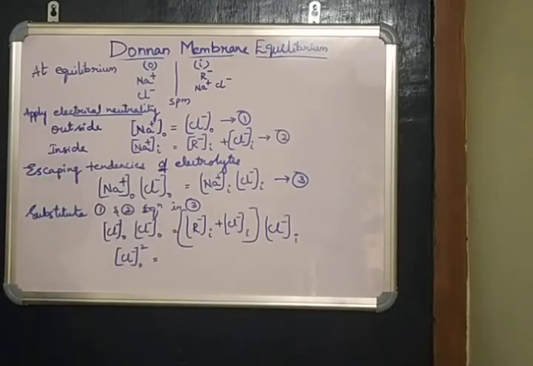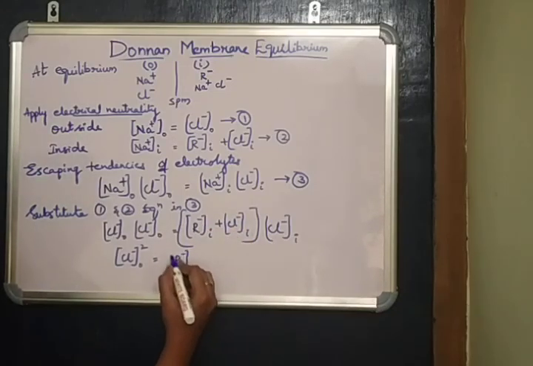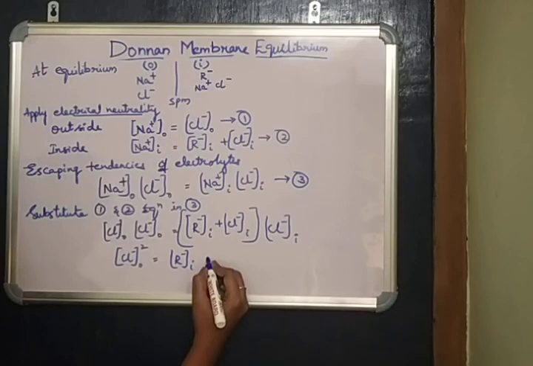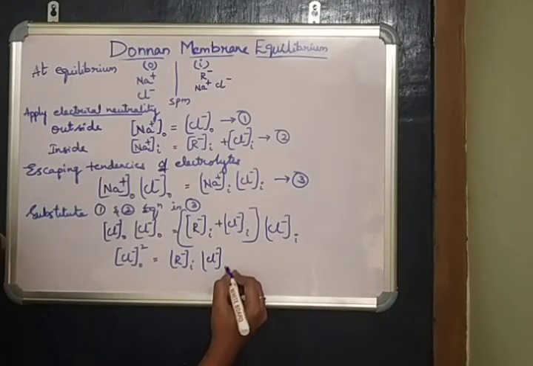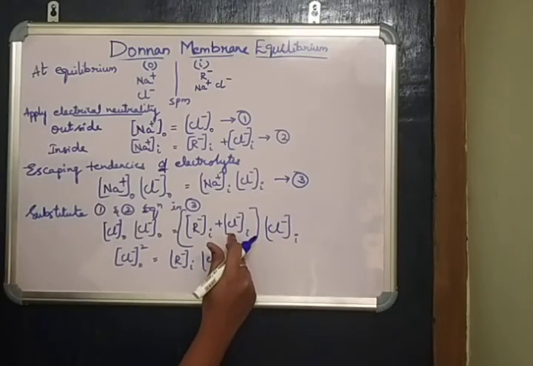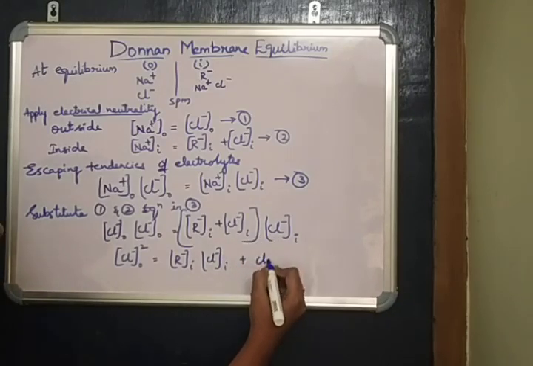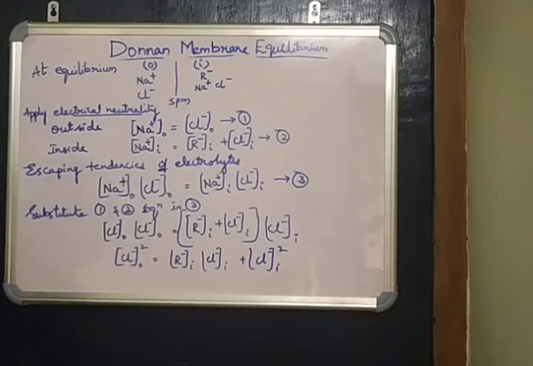On the right, the concentration of R minus inside times the concentration of Cl minus inside plus the chloride ion concentration inside multiplied by itself becomes the square of Cl minus ion inside.